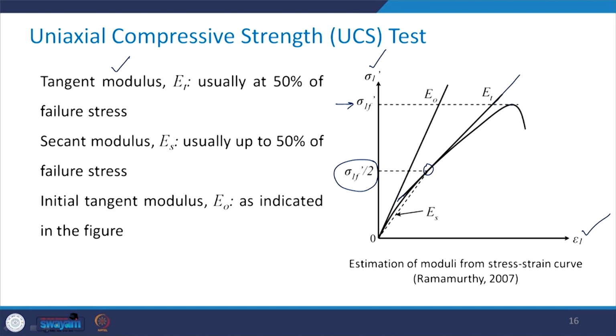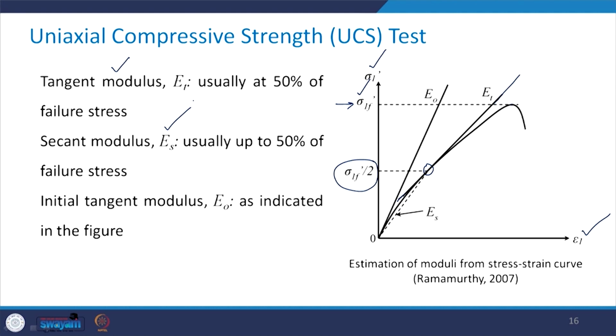Then the second modulus is defined as the secant modulus, which is ES. You see how this is obtained. You join the origin with this point, which is 0.5 times this failure stress level, and whatever is the slope gives us this secant modulus ES.